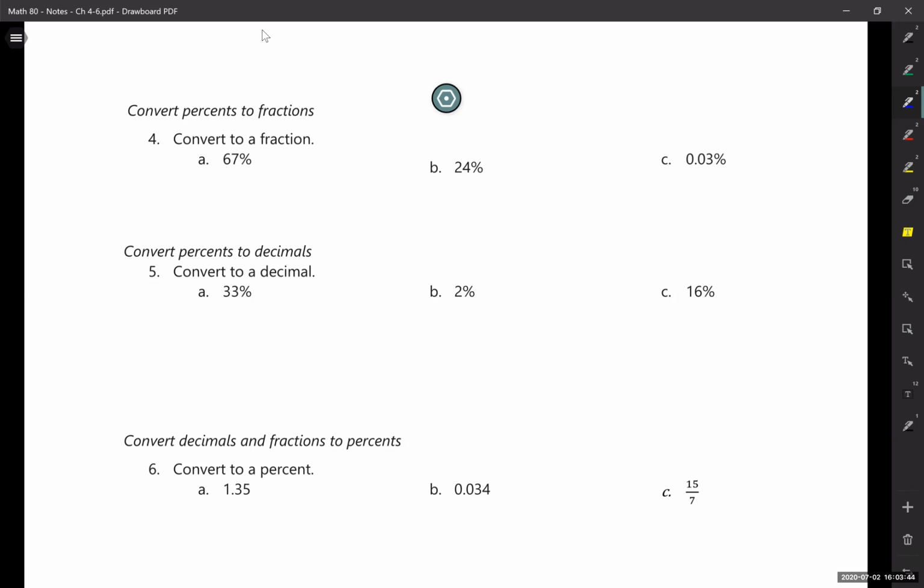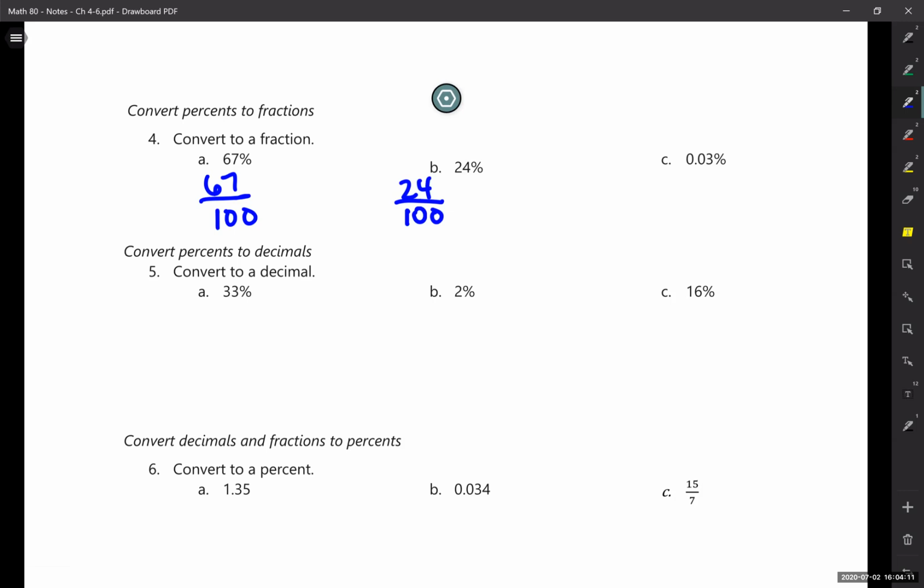So we have 67%, 67 per 100. 67 is prime, so that's it. Moving on. 24% is 24 per 100. Now this one we can reduce because 24 is even, so we know 2 goes into both of those.